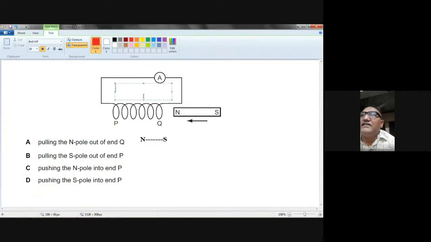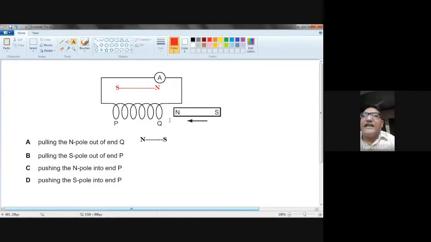When the north is coming in, to stop this motion, on the P we will have a south, and here you will have a north. Try to understand what I'm saying.